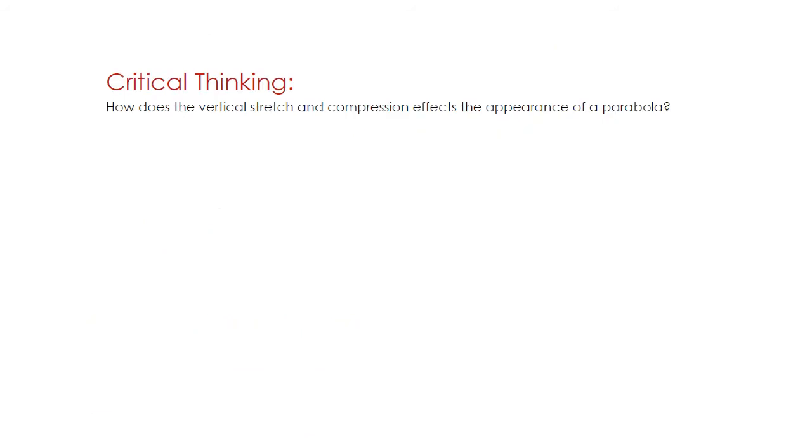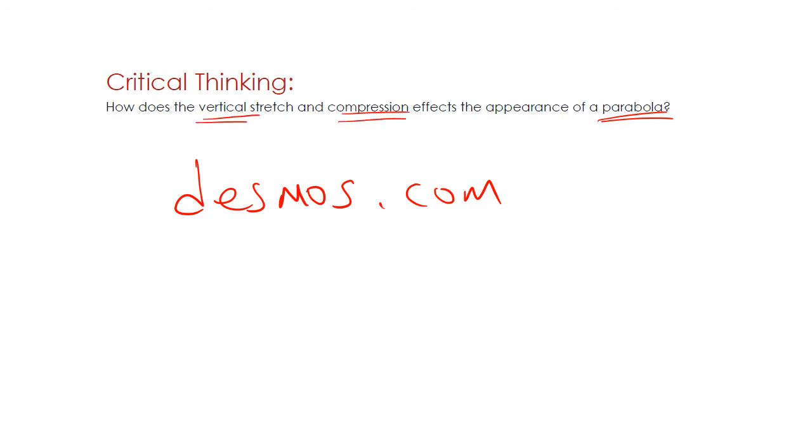Now, if you have internet access, you can go to desmos.com and try to graph 2 parabolas where you will have a vertical stretch on one of them and compression on the other. Think about what kind of values you can give on your A, B, and C values for vertical stretch and compression. Which one is important?